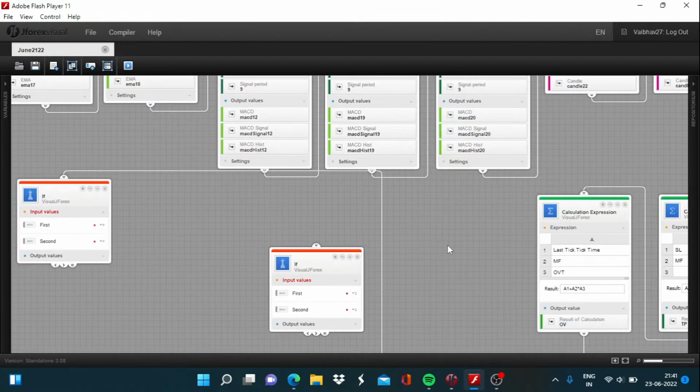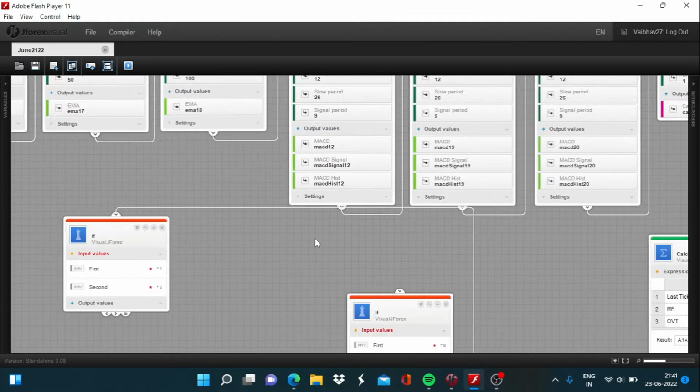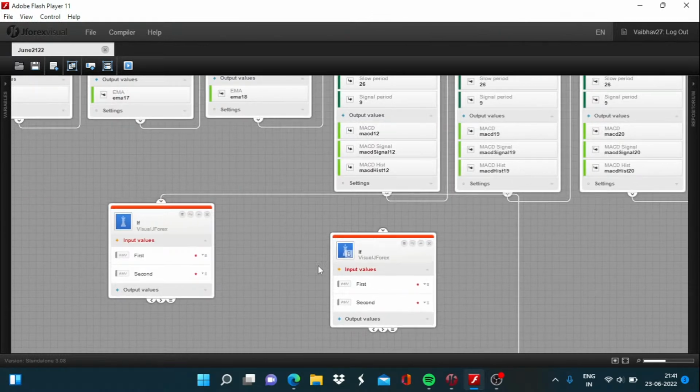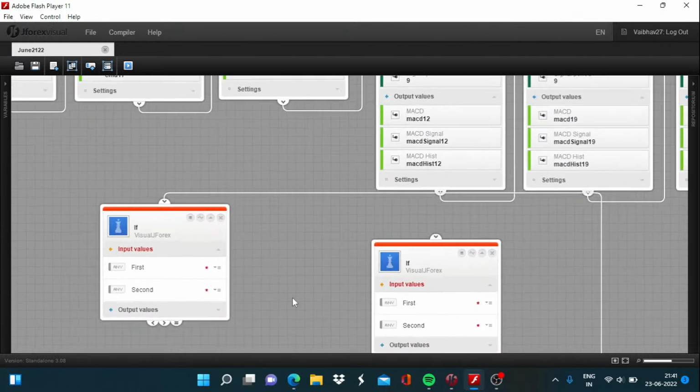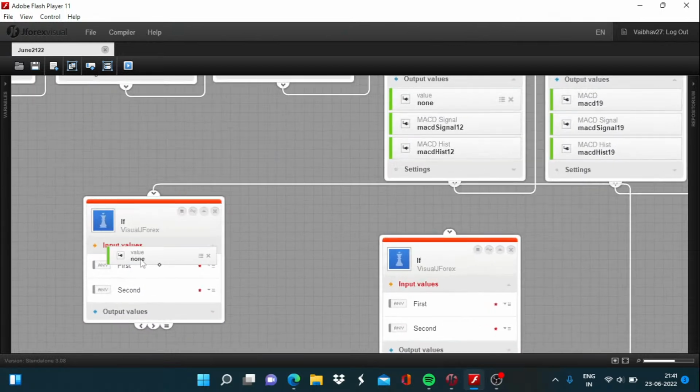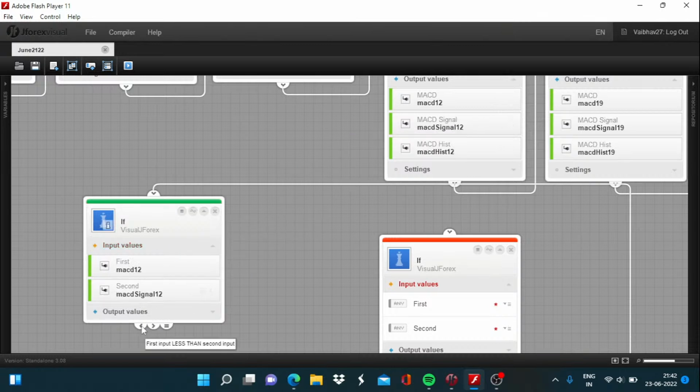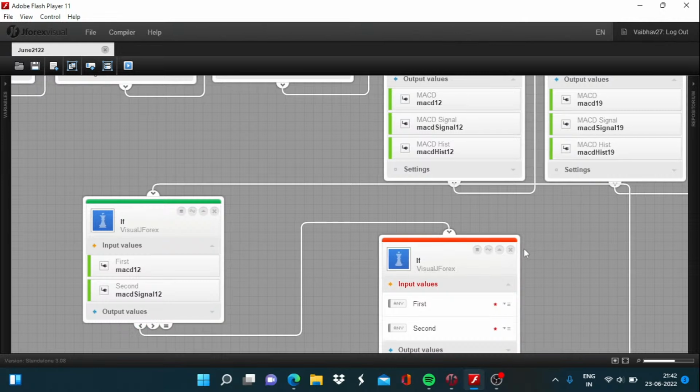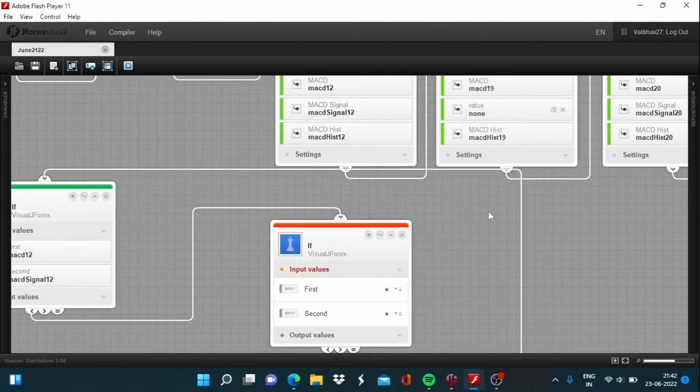So we need in the last hour the MACD line to be less than MACD signal. So MACD 12 needs to be less than MACD signal 12, first input less than second input. And in the prior hour, in the second last hour, the MACD should have been greater than MACD signal.